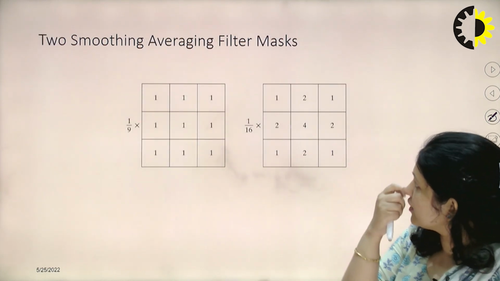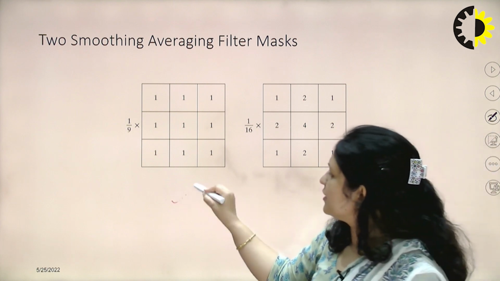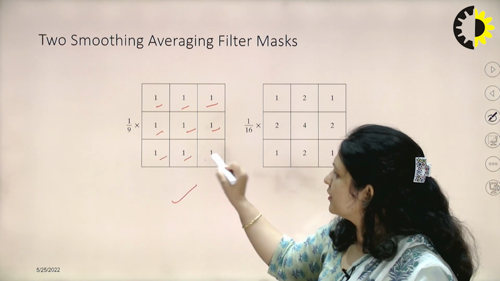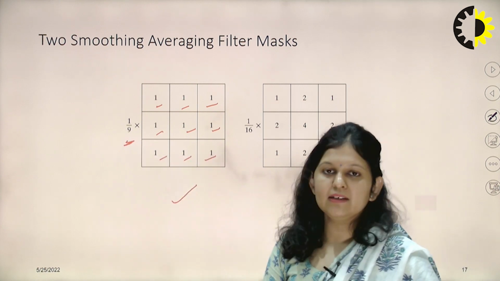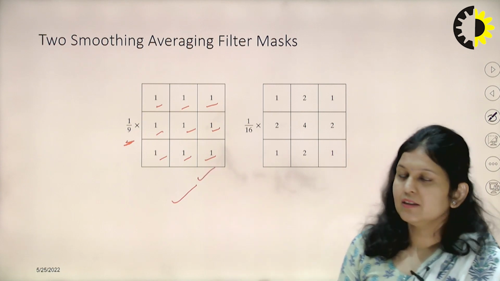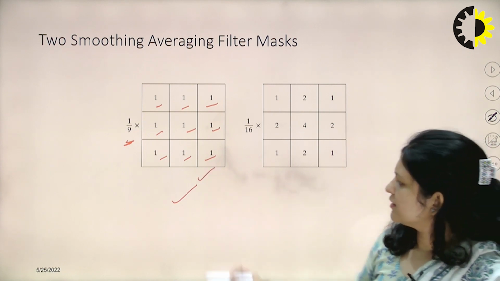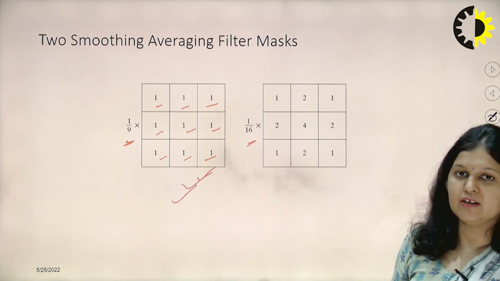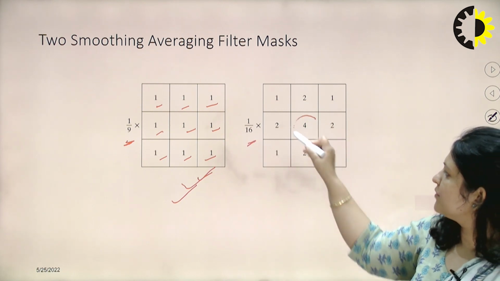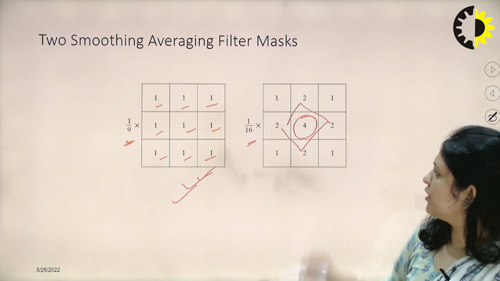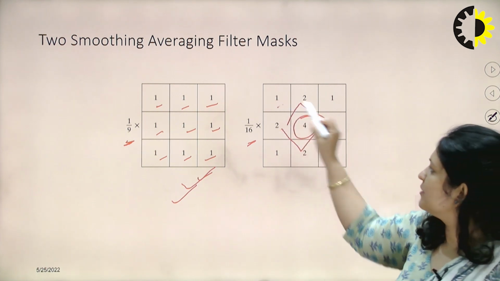This is the average smoothing filter. One is a filter in which all the values of the mask are 1, and then we divide it by 9. 9 is the sum of all these values. This is one of the weighted average filters. It's a very famous filter. Then another is a 1/16 filter. Here we have the center as a 4, its 4 neighbors are 2, and the diagonal neighbors are 1.